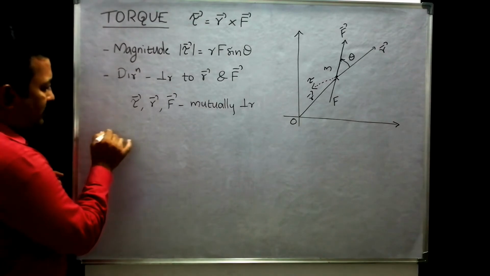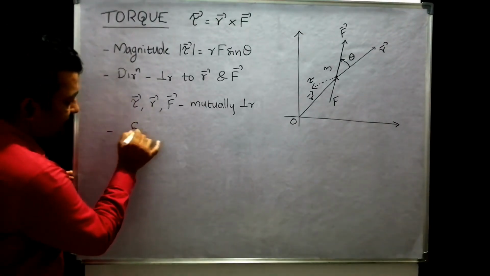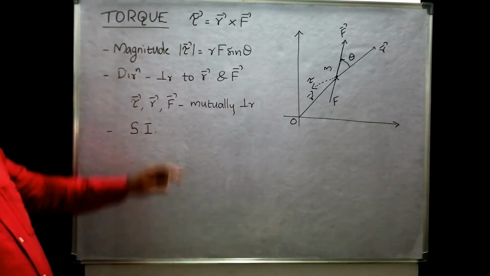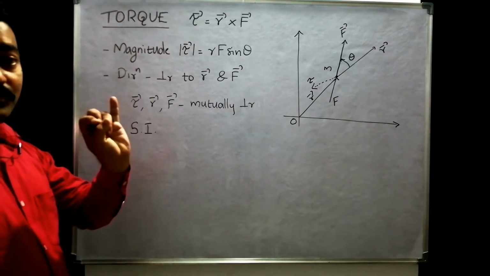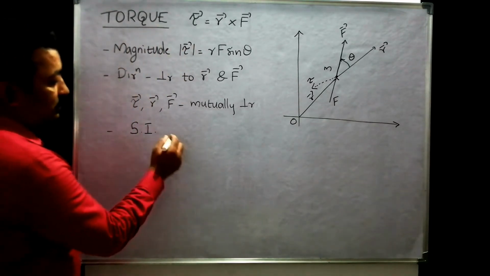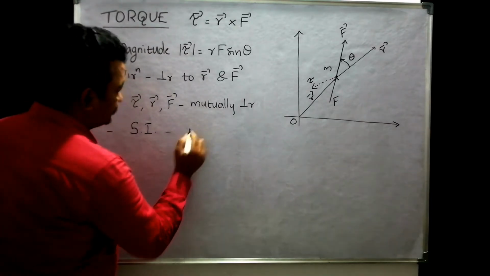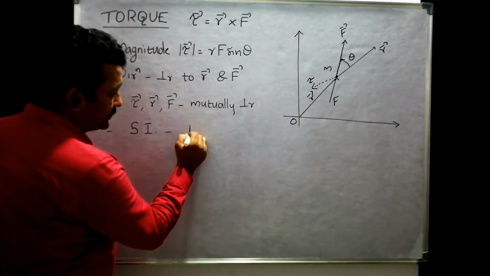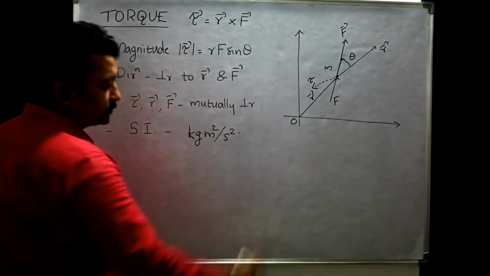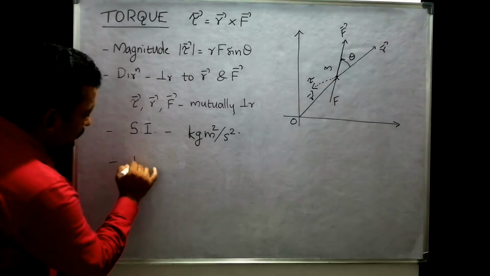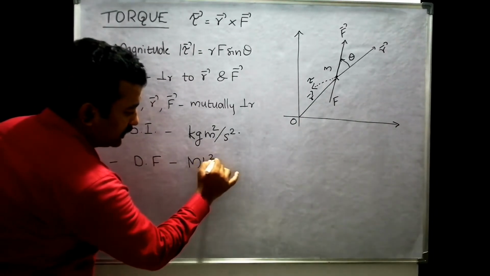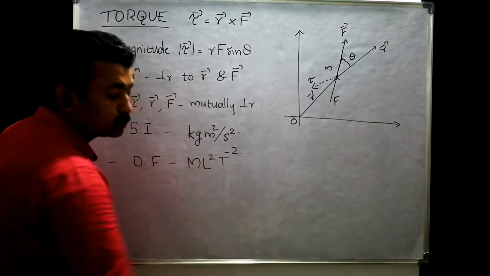Now you can add one more thing, the SI unit of the quantity. What will be the SI unit? You know that F has the dimension M L T raised to minus 2. If I add another R, the SI unit becomes kilogram meter square per second square, and the dimension formula will be M L square T to the power minus 2.